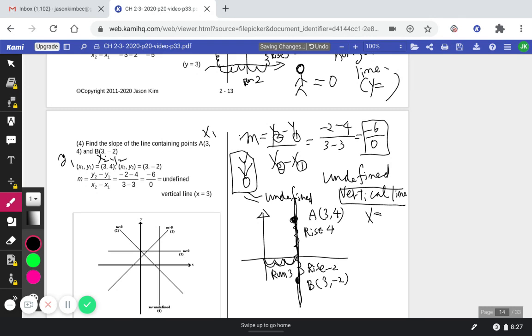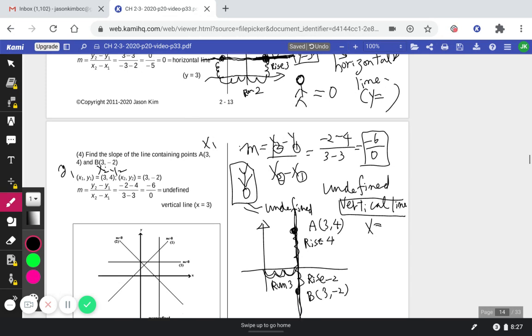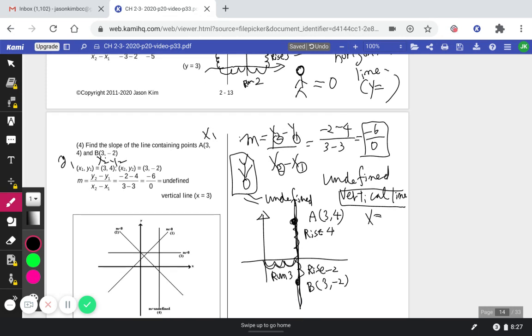So those are the few things you have to memorize overall, and you should have this in your formula section. Now, what is this equation then? Whenever you have a vertical line, you look for the x location, which means whatever the y value, x always stays as 3. So x equals 3 is a vertical line.